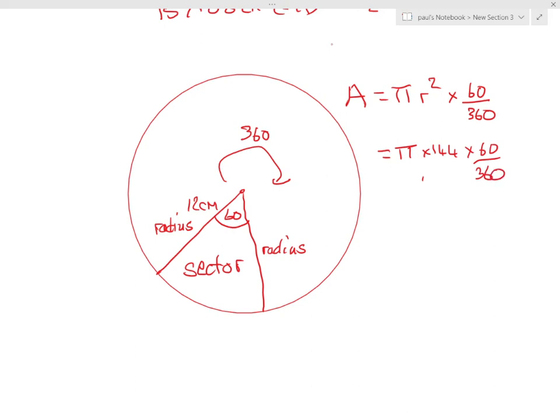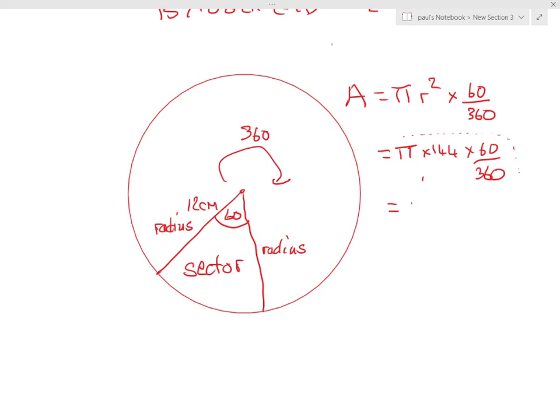Now, I recommend that you don't do the divide bit first. Just work your way along on your calculator and go pi times 144 times 60 divided by 360 equals.